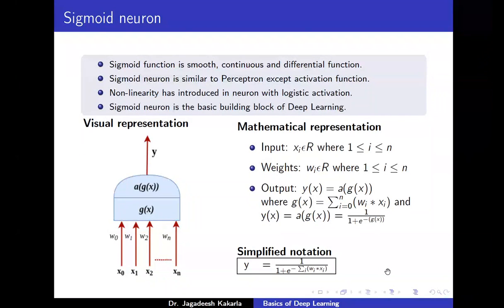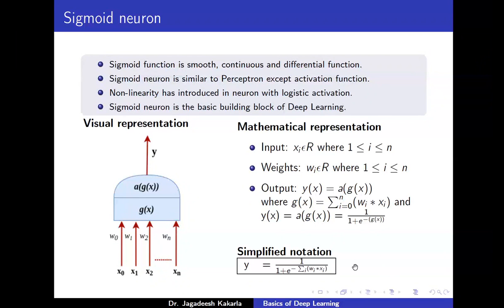Now, the activation function we will use here is the logistic activation, which can be represented as y is equal to 1 by 1 plus e power minus x, where x is the summation of wi into xi. Is it clear?